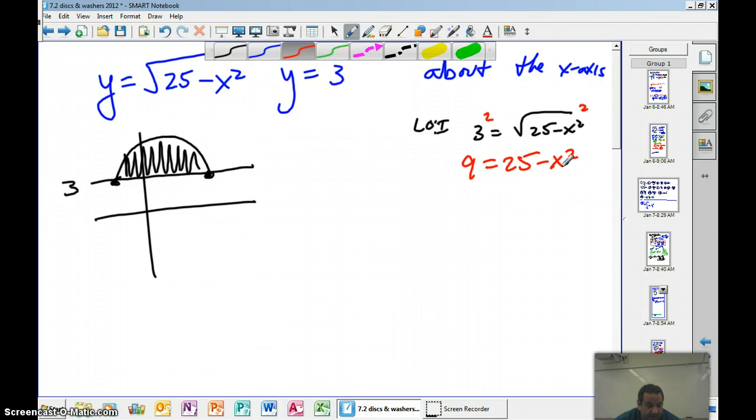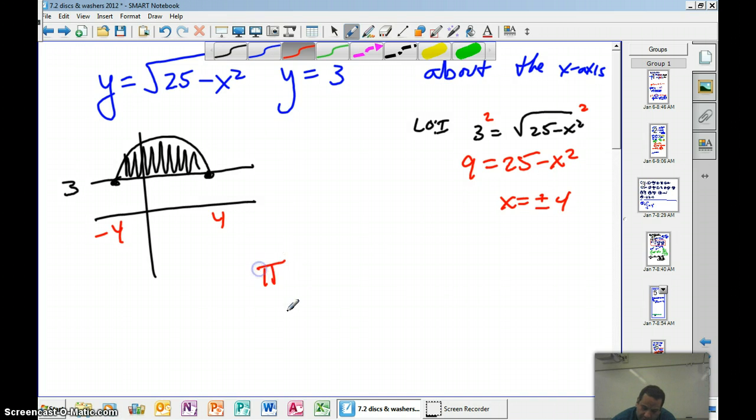Then I'm going to subtract the 9, move the x, and basically x squared needs to be 16. So this is going to be x equals plus or minus 4. It becomes symmetrical, but we're going to go from -4 to 4.